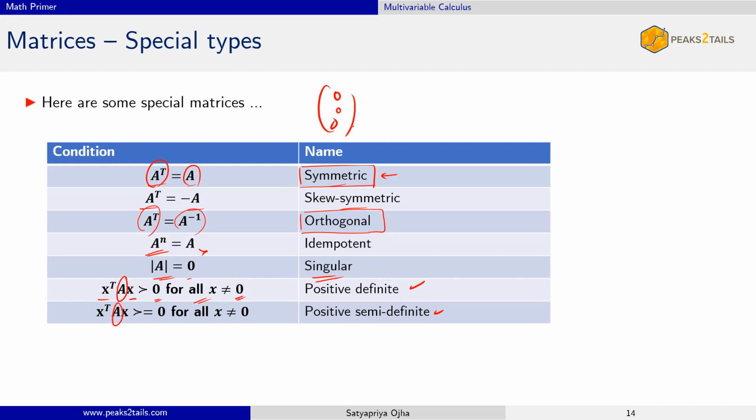Then obviously, how will this be positive if you're taking 0? Take any X. For any X, if this is strictly positive, then it is called positive definite. It's very likely that you will be asked this question in an interview. Okay. And if it is greater than or equal to 0, that means for some cases it is coming as 0, for other cases it is positive. Then we call it positive semi-definite. All right, for non-zero X.